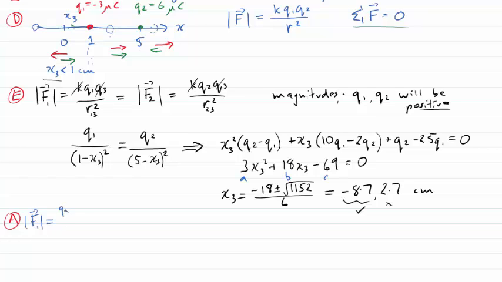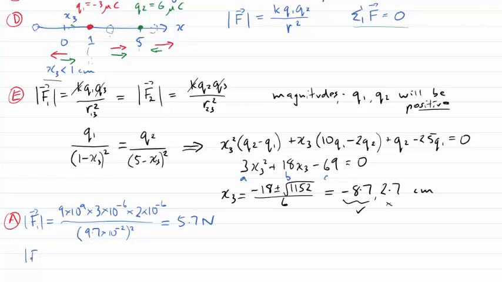So it will simply be the Coulomb constant multiplied by, in this case, 3 microcoulombs, and then the third charge, which we're told is negative 2 microcoulombs, but I'm doing everything here in terms of magnitudes, divided by the separation squared. So if my third charge is at negative 8.7 and this Q1 is at 1, then this is actually going to be a 9.7 centimeter separation, and I'll put that in SI units. And when I do that calculation, I get 5.7 newtons.